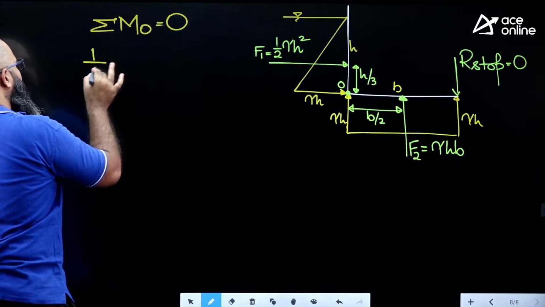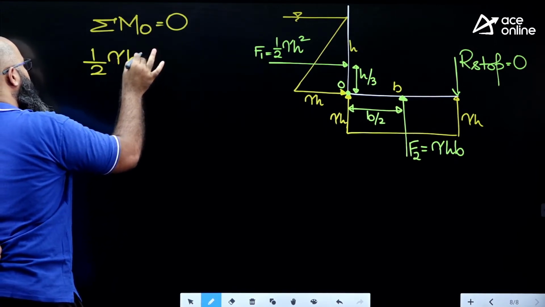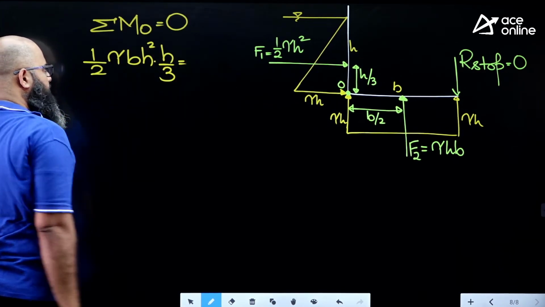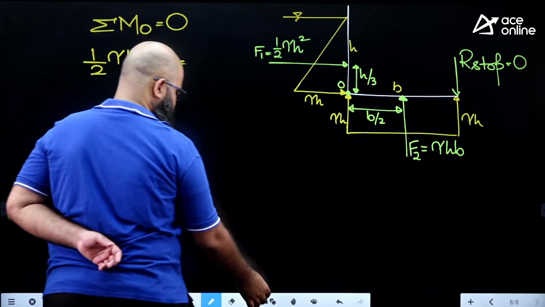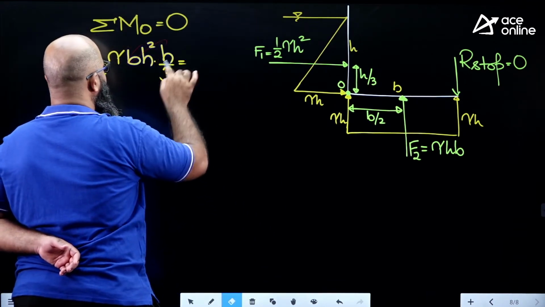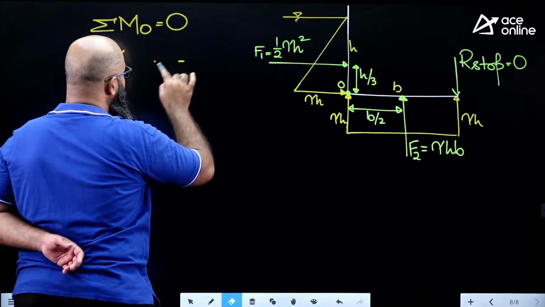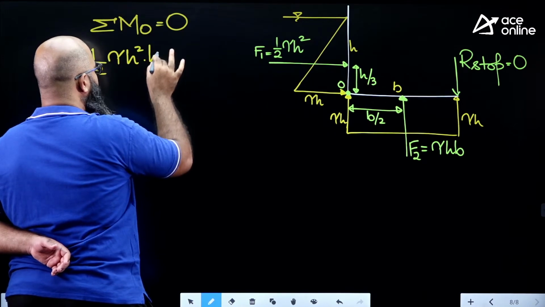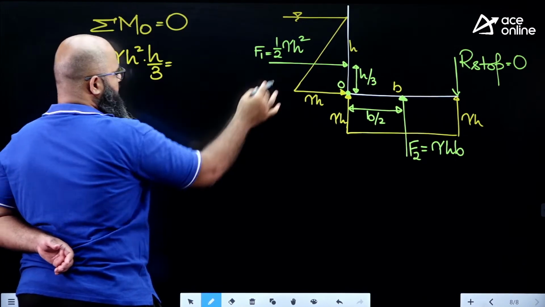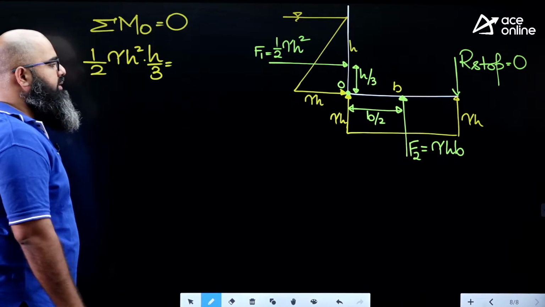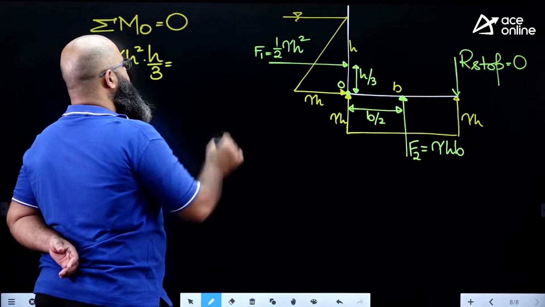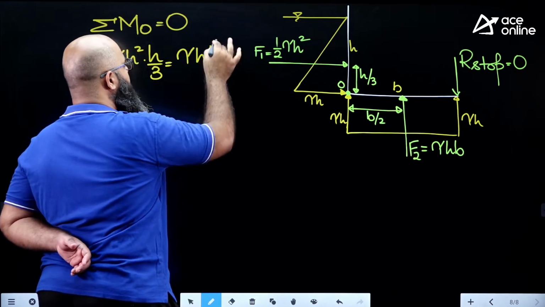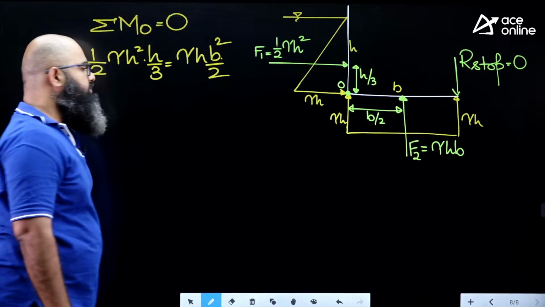One second, I have made a mistake over here, let me correct it. Half gamma h square multiplied by h by 3 is equal to gamma hb multiplied by b by 2, so gamma h b square by 2.